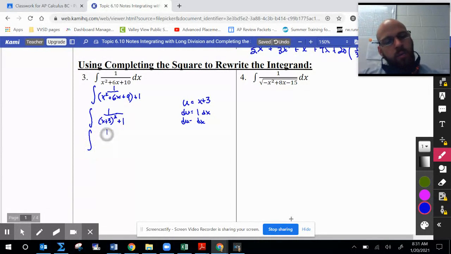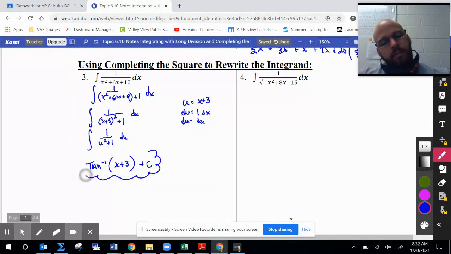So now I have 1 over u squared plus 1 du. And I don't know if you remember this, but that would be tangent inverse of my u, x plus 3, plus c. So that would be my answer.